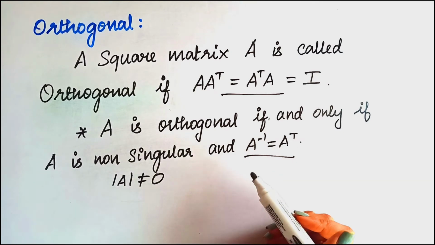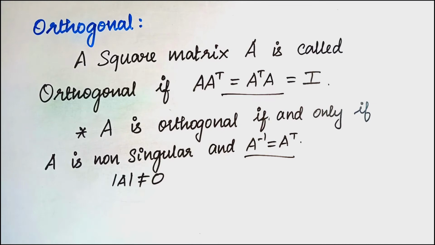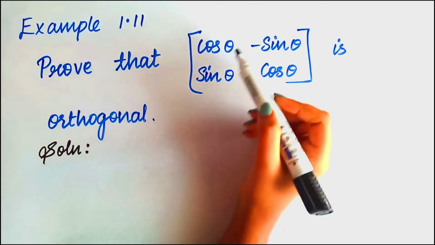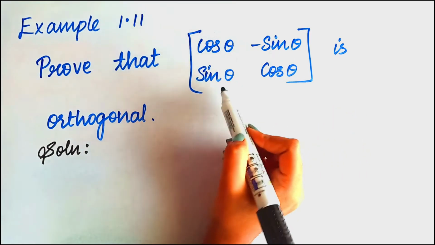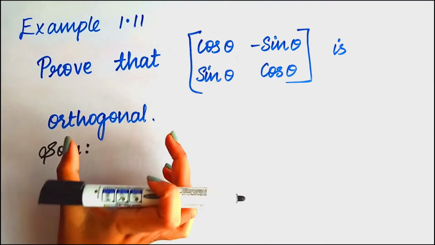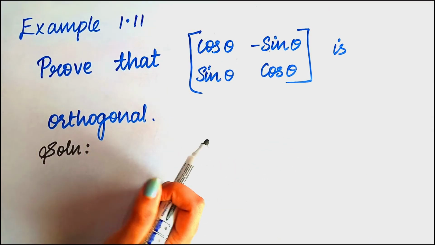So now let's get into our example 1.11. Example 1.11. Prove that cos theta, minus sin theta, sin theta, cos theta is orthogonal. So we just saw the definition of orthogonal, right? So what's orthogonal?